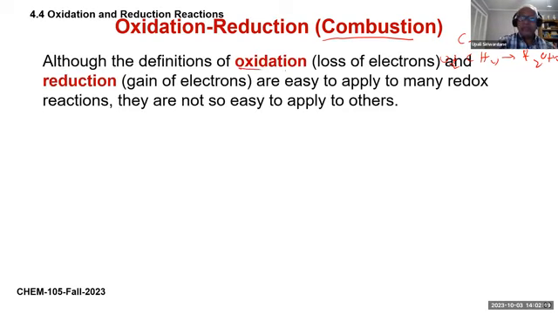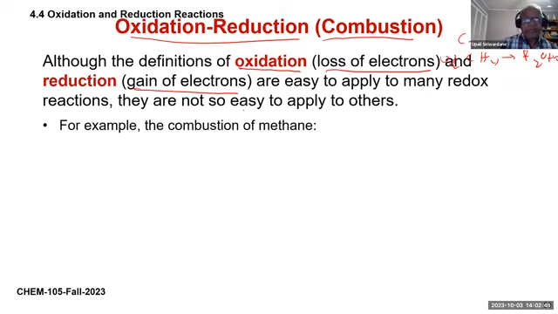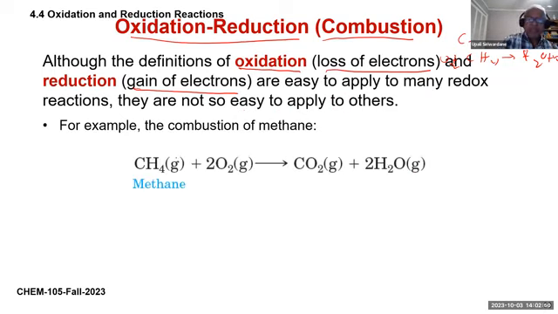Oxidation takes place, but there's no clear loss of electrons. But reduction we define as gain of electrons. To apply the idea about oxidation reduction to combustion reactions, we have to come up with another way to apply this idea to this type of reaction. When you look at this combustion reaction, it produces carbon dioxide and water.